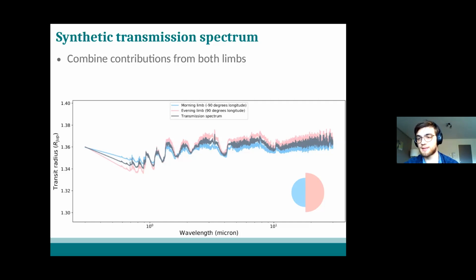How big the effect is depends on the type of planet. For hotter planets, at least in the chemistry department, I think it's a very good approximation to just focus on the equatorial band, because there, with respect to the chemical composition, not many differences are seen. For the colder planets, it might be a bigger problem, but that's difficult to know actually.